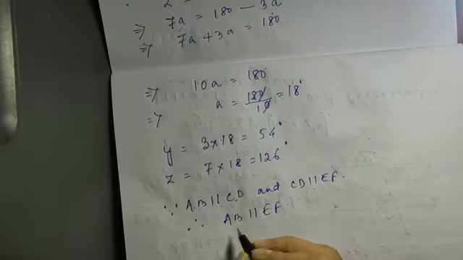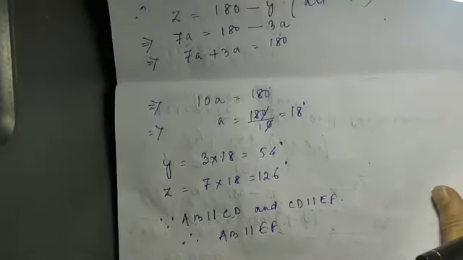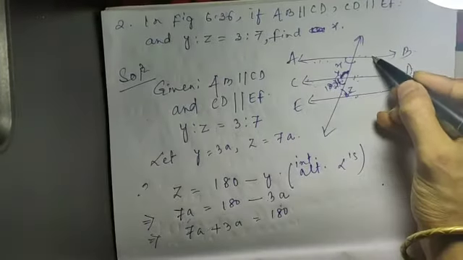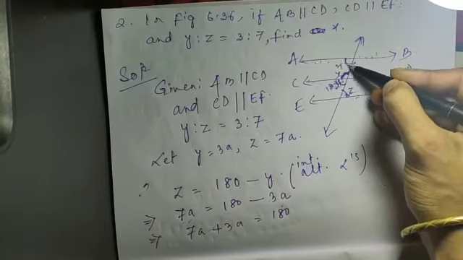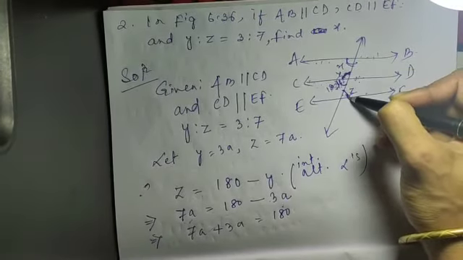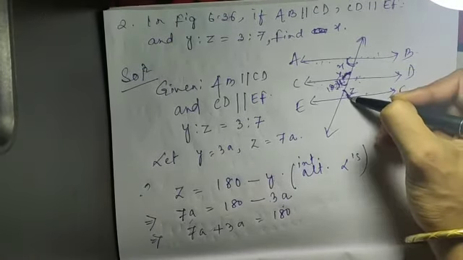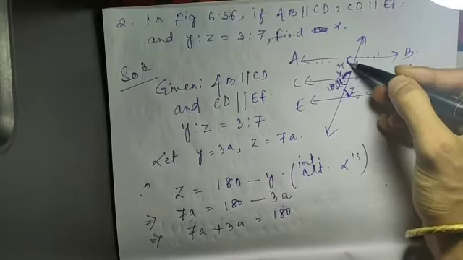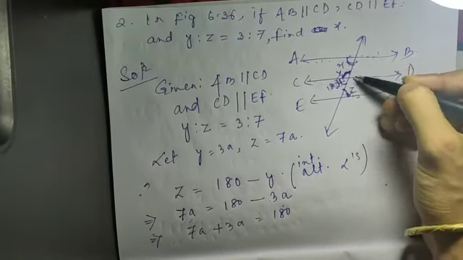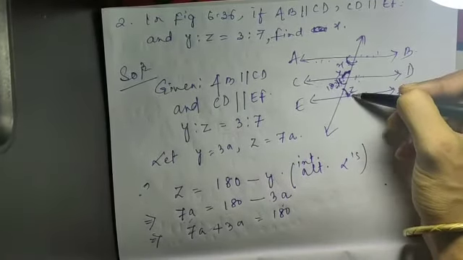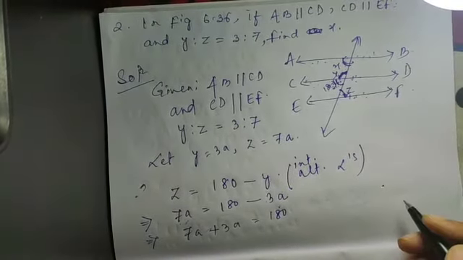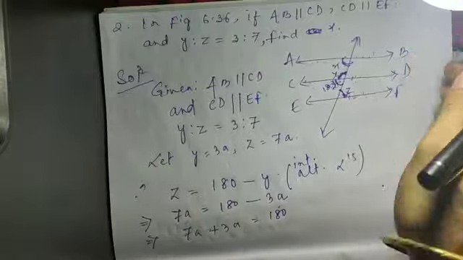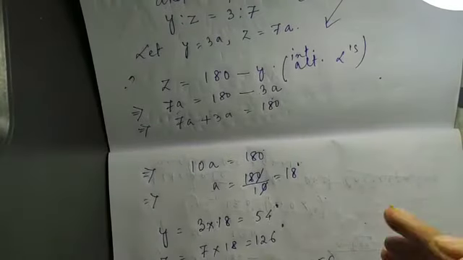Got it? And if AB is parallel to EF, then Z is an interior angle, X is an interior angle, on the different side of the transversal. So this X and Z are making interior alternate angles. So that means X is equal to Z.